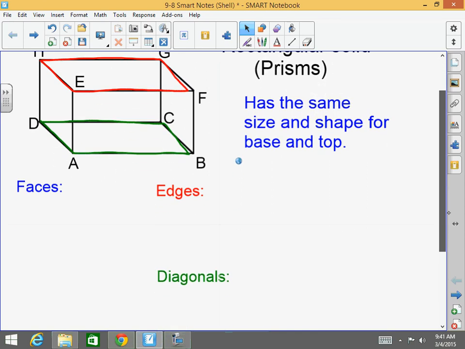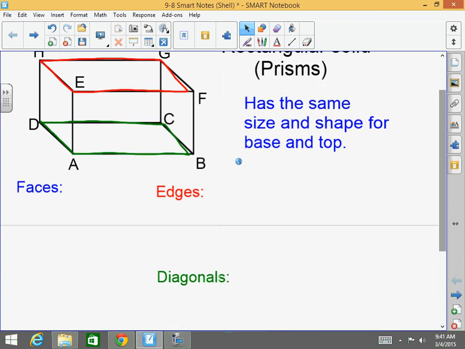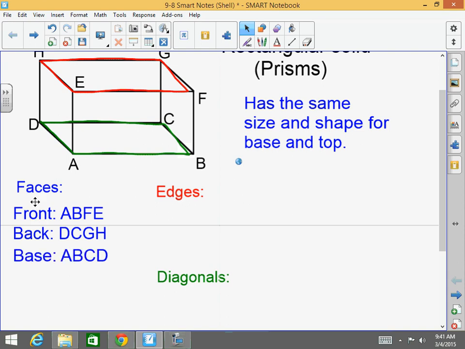Now, for a prism, you have a lot of different facets to this. You have faces. You have the front, which is A, B, F, E. You have the back, which is D, C, G, H. You have the base, which is A, B, C, D. That's the bottom.